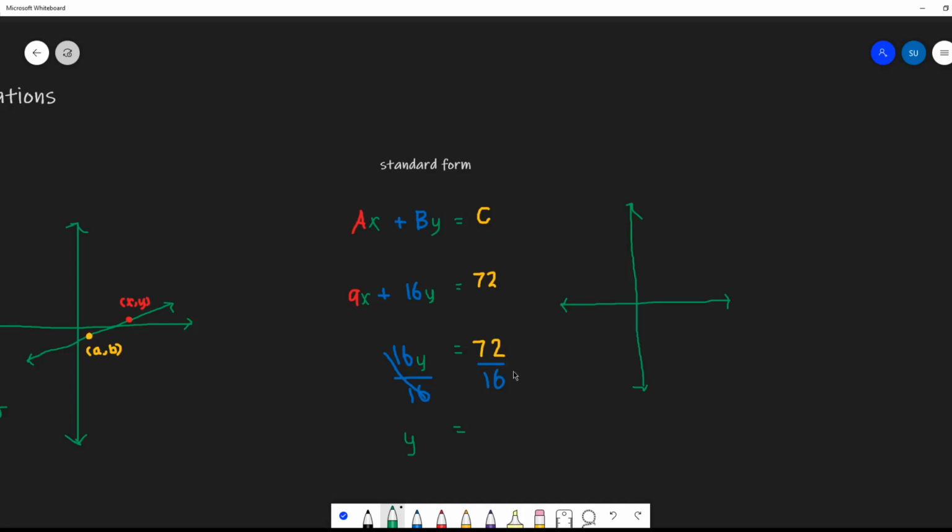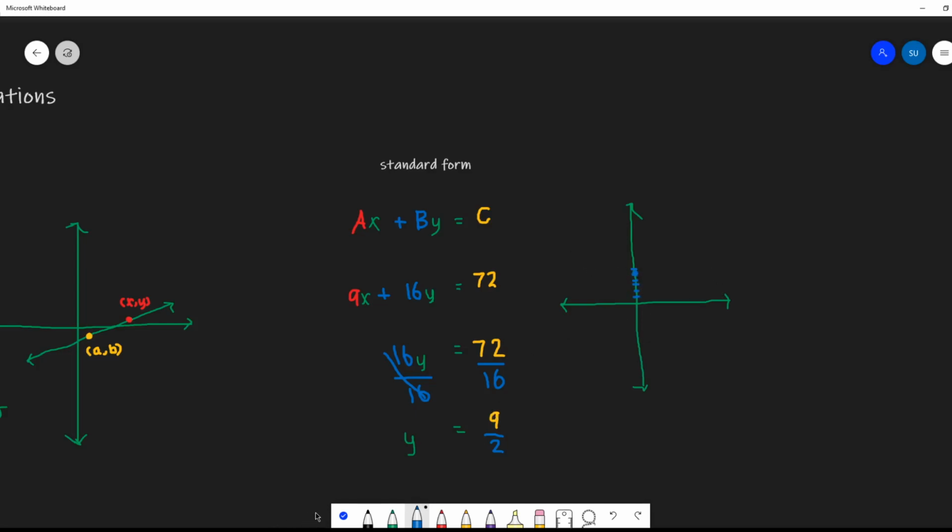Greatest common factor would be 8. So 72 divided by 8 is 9. And 16 divided by 8 would be 2. So now we see that our y-intercept in this case would be at 4.5. So 4.5, we'll say, is like there. 1, 2, 3, 4, 5.